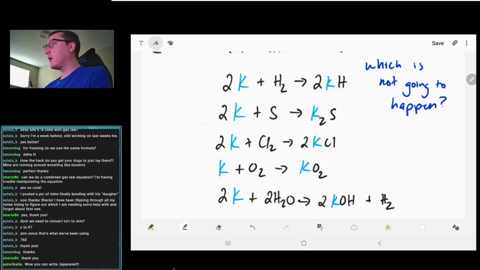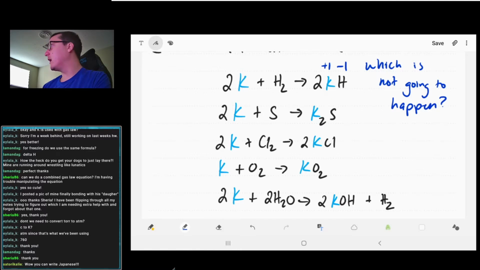And I think the best approach would be to look at these and make sure that these are compounds that would exist, and that the oxidation states are what they should be. Is everything charge balanced? So looking at this, we have potassium and hydrogen forming potassium hydride. Indeed, we do know that potassium can form a compound with hydrogen, in which hydrogen is -1 and potassium would be +1.